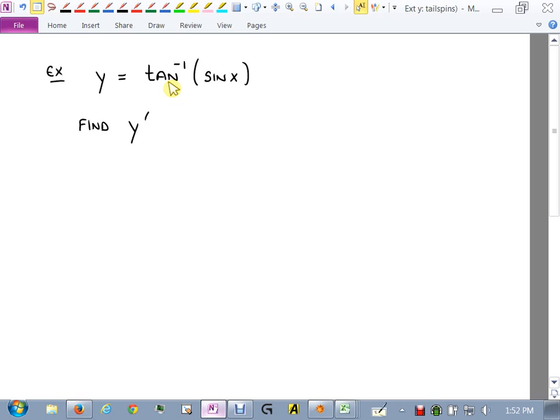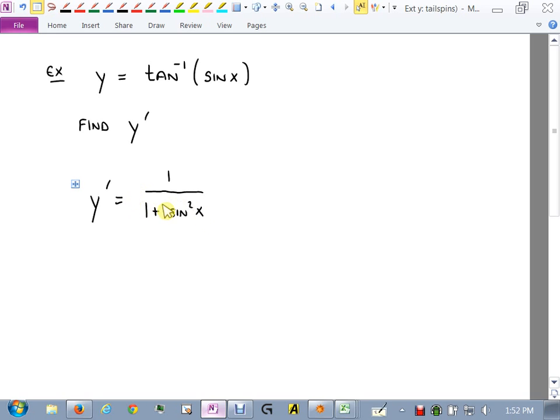So you have to ask yourself, what is the derivative of arctangent of something? What is it? Look at your formula sheet. What's the derivative of arctangent of x? 1 over 1 plus x squared, right? So the derivative of this would be 1 over 1 plus what, though? Not x squared, sine x, or sine squared x, however you want to say that.